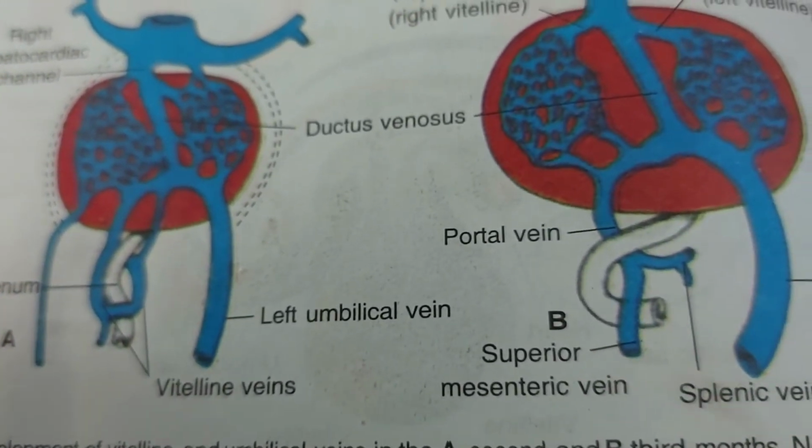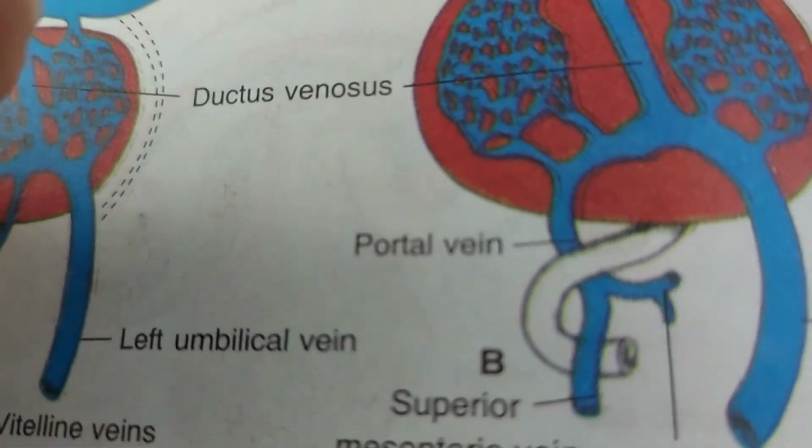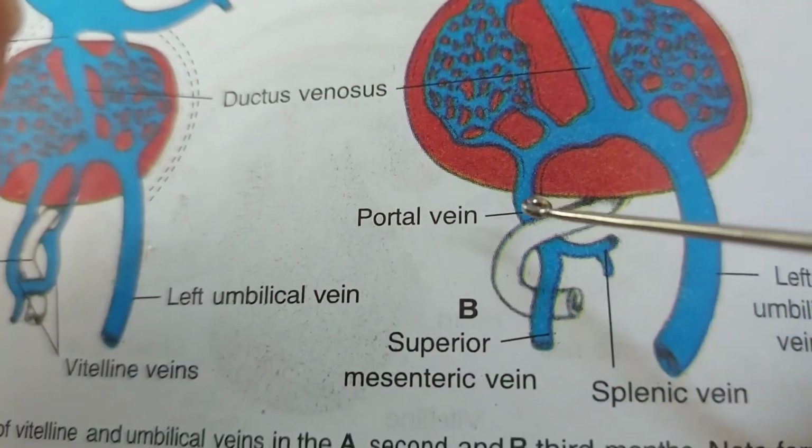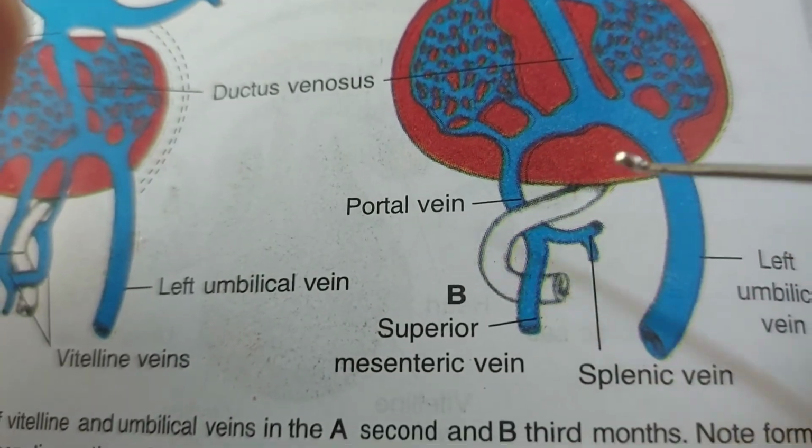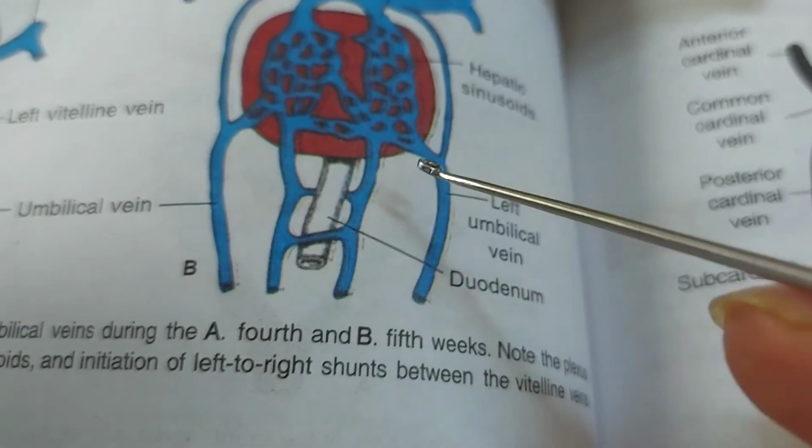Here we can see this is the left vitelline vein, this is the anastomotic part, and this is the right vitelline vein, and the proximal part of the left vitelline vein finally disappears. So, in summary, the portal vein is developed from the vitelline veins, both right and left.